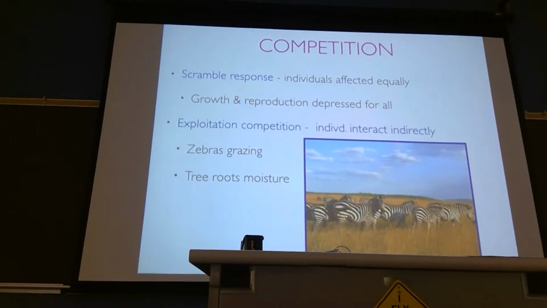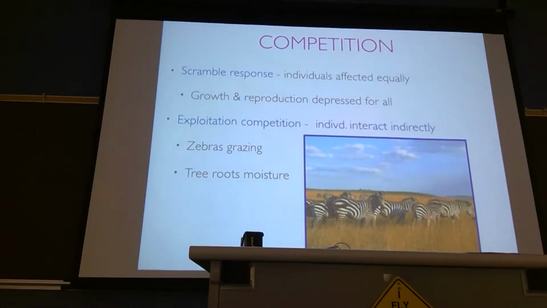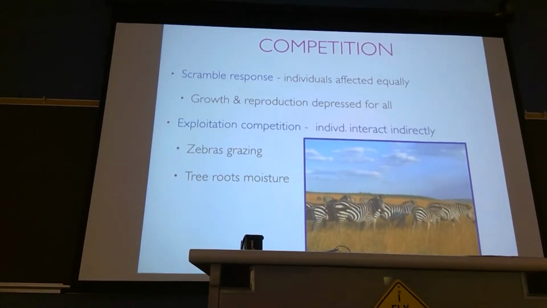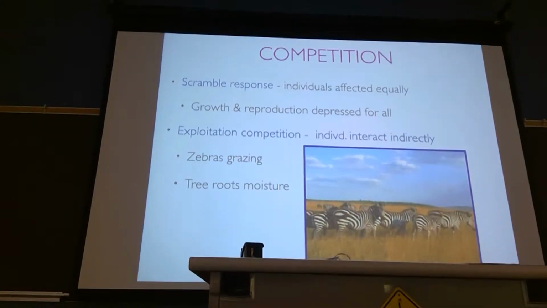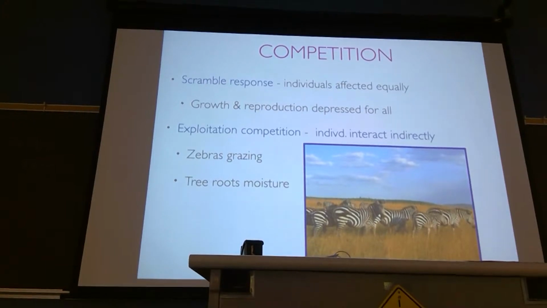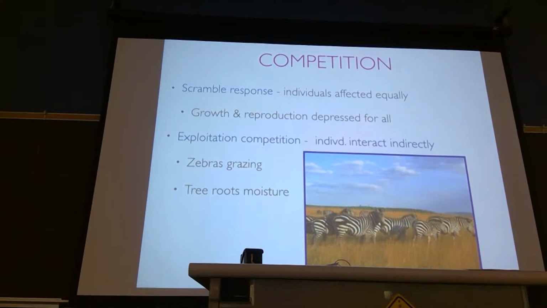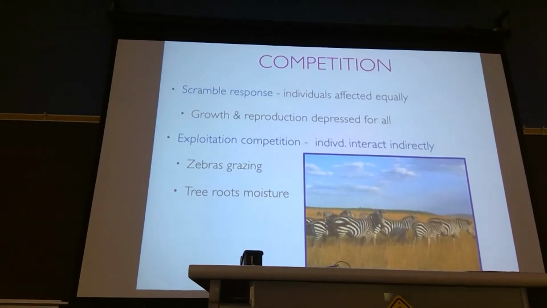And in fact, lots of times in scramble responses, we see that exploitation competition is taking place. So we're going to see scramble and contest competition as our two types. And exploitation is one of these mechanisms or subtypes of this competition. And in exploitation competition, the individuals in the population interact indirectly with each other.